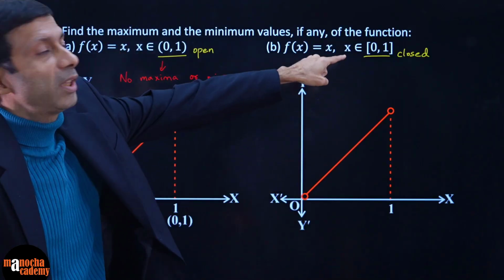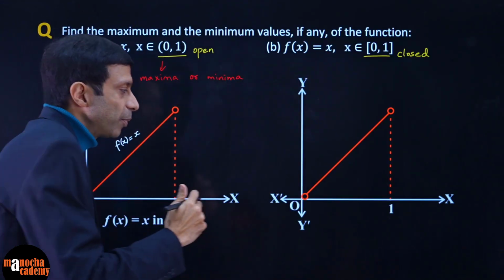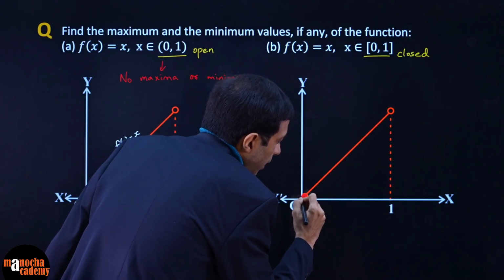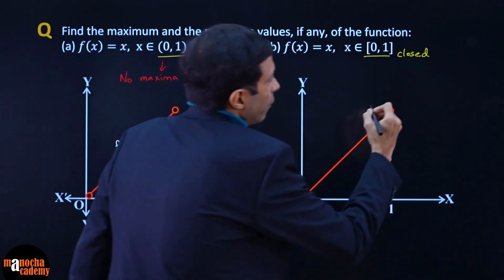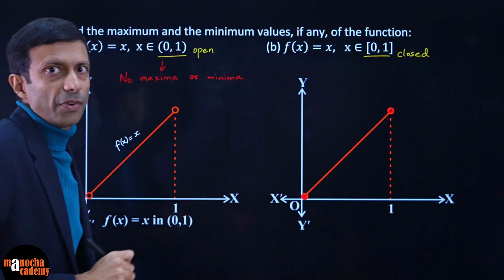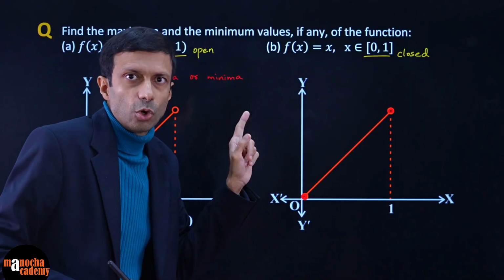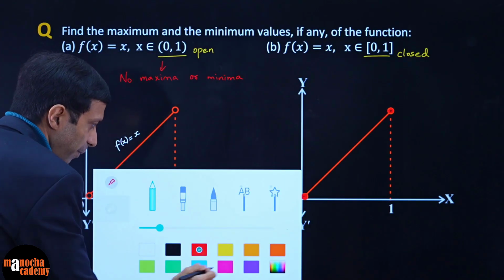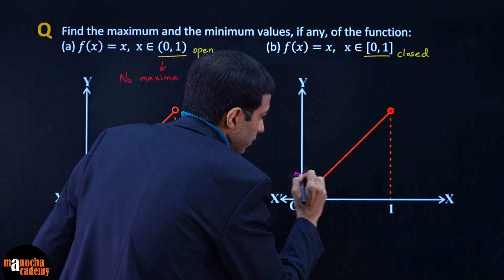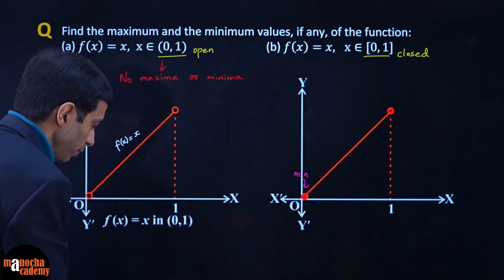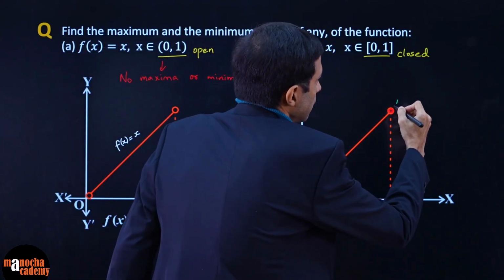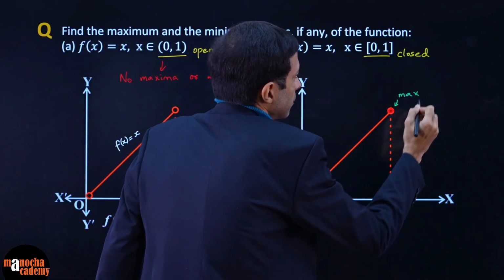But if you close the interval, how do we represent a closed interval? The difference is, now we will draw a solid circle, not a hollow circle like that. Now we can confidently say that because 0 is included, the minimum value will happen at x equal to 0, and the value also happens to be 0 because the function is f(x) equal to x. The maximum value is right here.